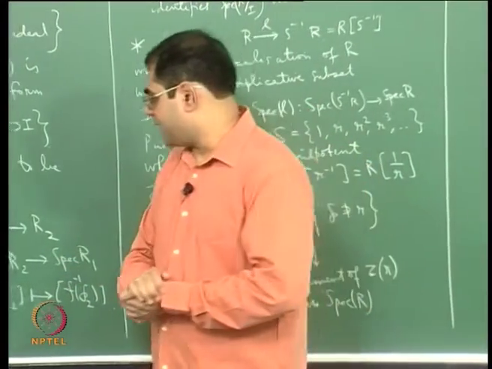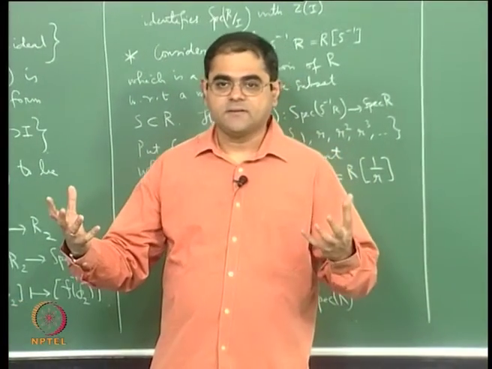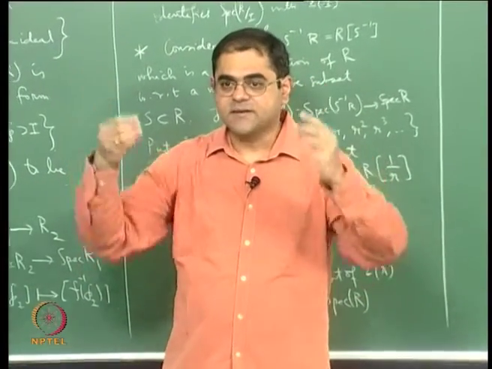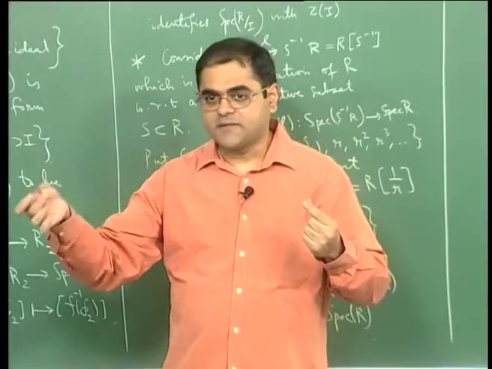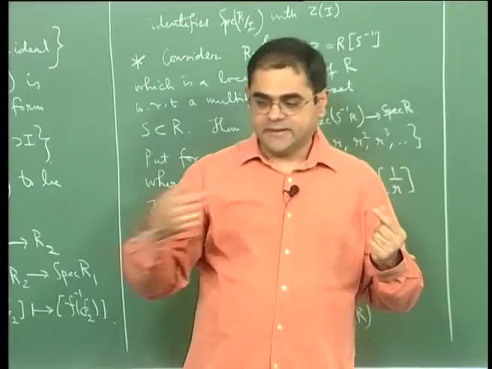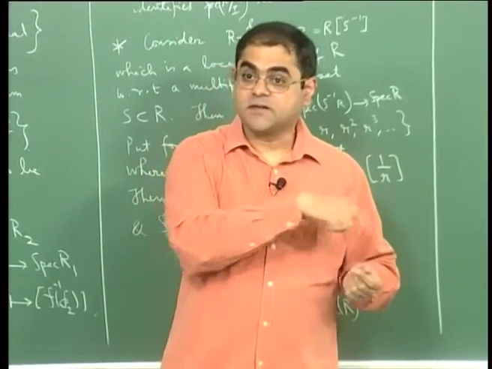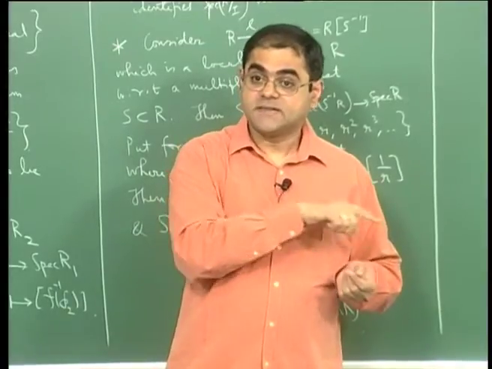Okay, so the fact is that a functor from one category to another is something that does the following thing. Given an object in the source category, it gives you an object in the target category. Given a morphism in the source category between two objects, it gives you a morphism between the corresponding objects in the target category.